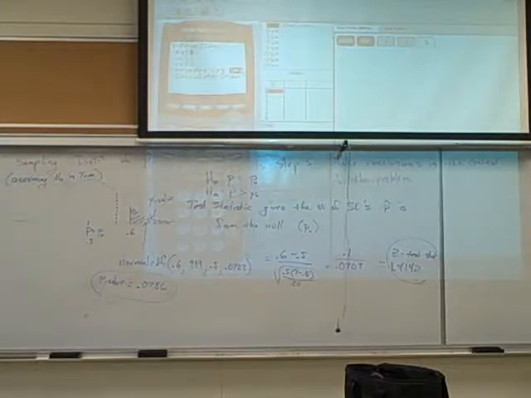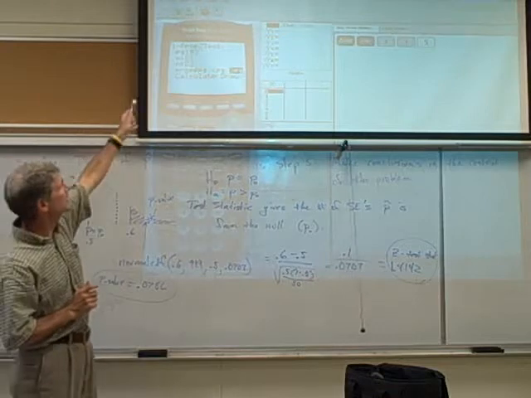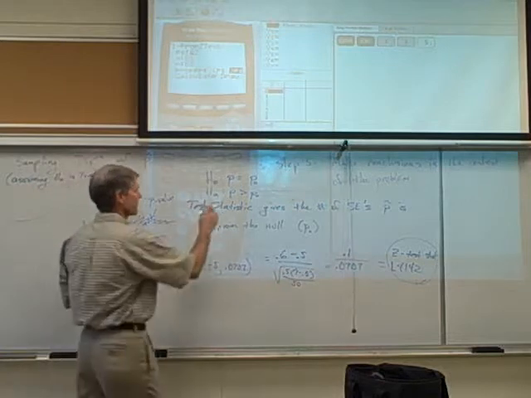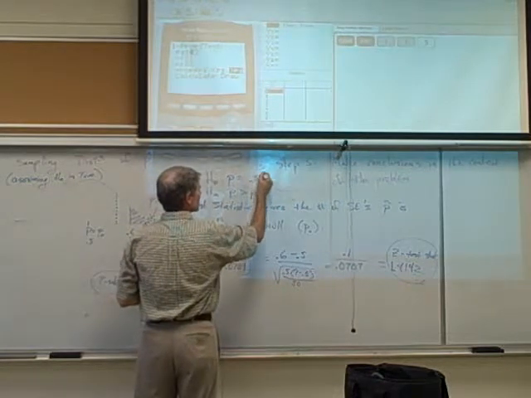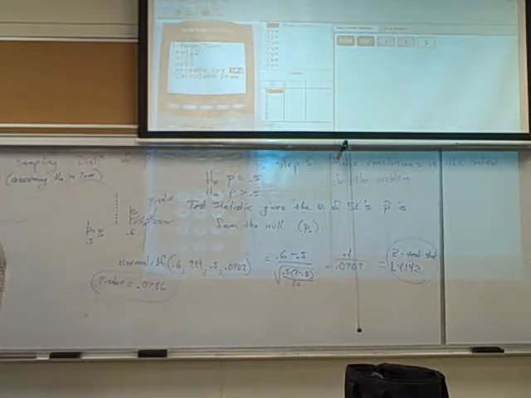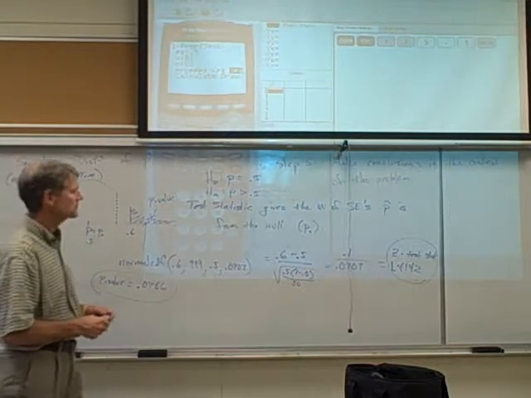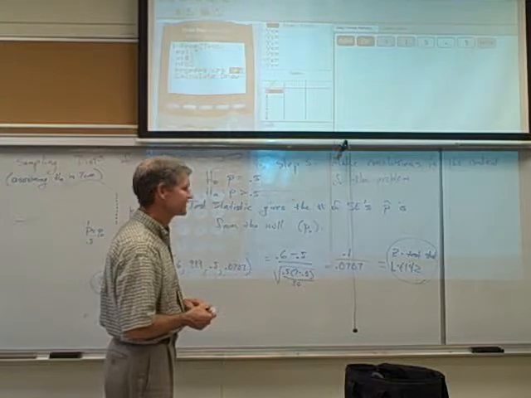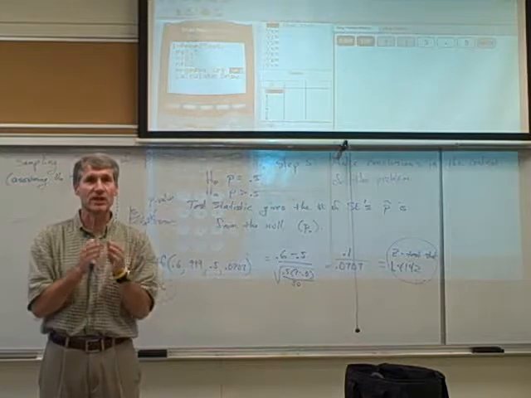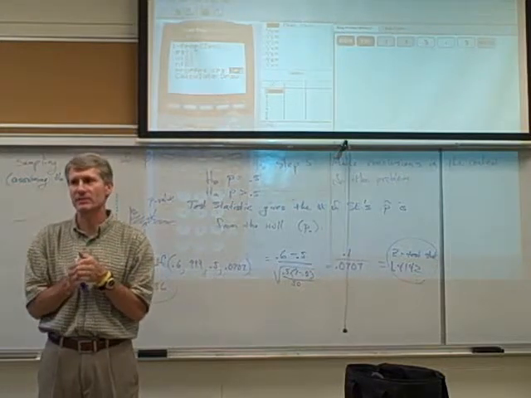Now the first thing that it's asking is P0. And what is P0 for this problem? 0.5. In fact, let me just put that in here. That means the number that's in the null hypothesis, the sub-zero hypothesis. So P sub 0 is 0.5. What's X? No, it's not 0.6. P hat is 0.6, but your calculator wants X, the number of successes, not the proportion of successes.